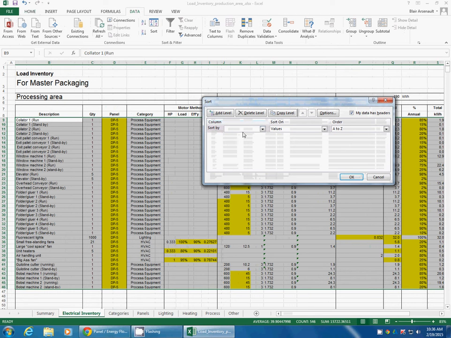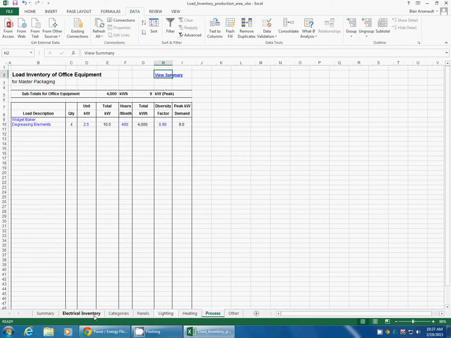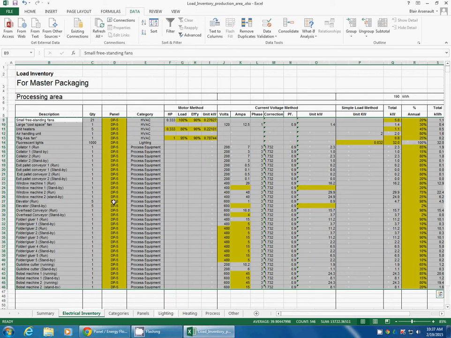I'm going to sort by panel when I get there, but let's sort by category at this point. So I click category, hit OK, and now I've got all of my equipment sorted by process, lighting, HVAC. And I can do the same thing for the panel. That's really going to help us once you get your Dent data logging. That's the key difference for why we did it this way instead of using the tabs along the bottom: so that we could sort by panel.